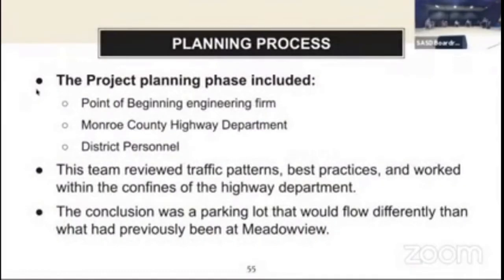So when we went into the planning process this past spring, we did involve an engineer, which was the point of beginning. And we did that for a couple different reasons, with the different age levels being served there with removing the 4th graders. And with some different traffic flow issues that we had, we wanted to make sure that we reviewed that.